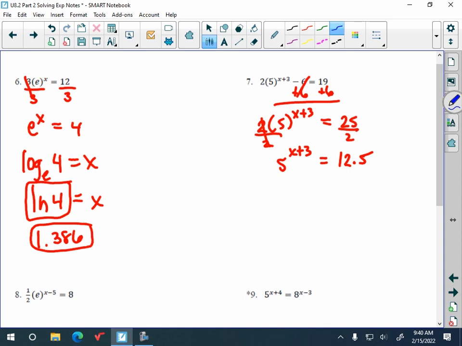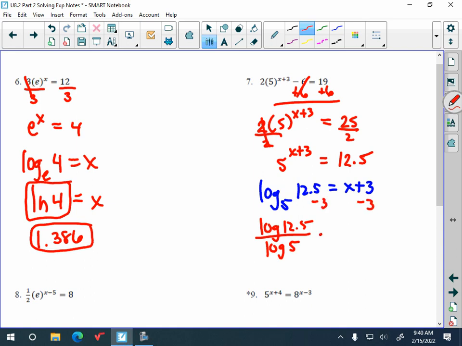All right, and then let's go ahead and change it to a log. So log base 5 of 12.5 equals x plus 3. And then we're going to subtract the 3 over. We can use the change of base on this. So log 12.5 over log 5, and we're subtracting 3 over.